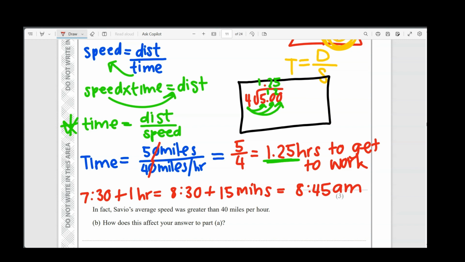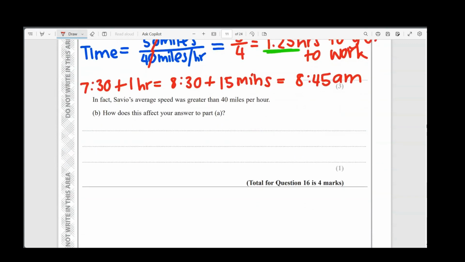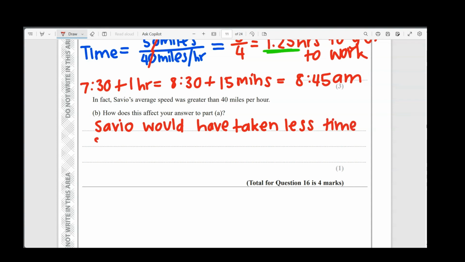Next up, in fact, Savio's average speed was greater than 40 miles per hour. So actually he was going faster than that. So how does this affect your answer to part A? So actually, Savio would have gotten there before 8:45 because if he was going faster, his speed was faster, he would have gotten there sooner. So Savio would have taken less time.